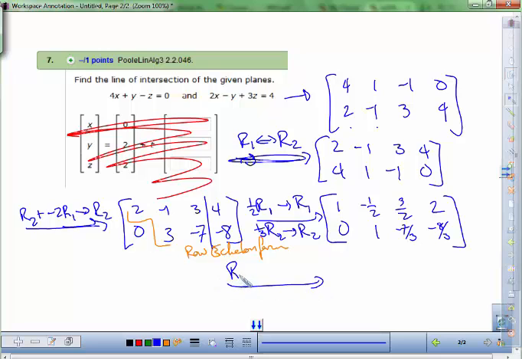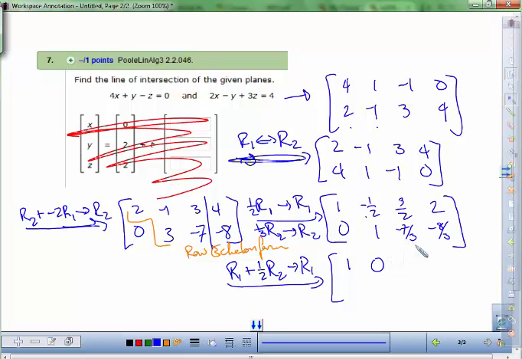And so for R1, we're going to multiply the second row by +1/2 and then add that to R1 and then replace R1. And because the first column of the second row is 0, that's not going to do anything to the first column of the first row. And we did this move to get this -1/2 gone, so that's 0 now.